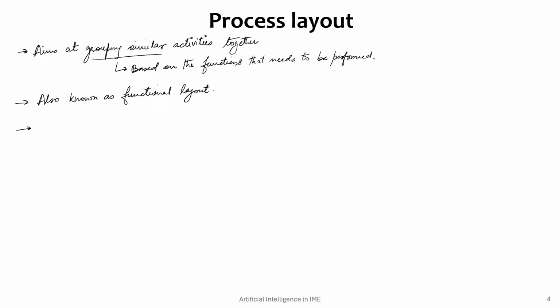Now let's talk about an example of a machine shop. So we can arrange our drills together in a section. So let's say it is a drill section where only drill machines are available.